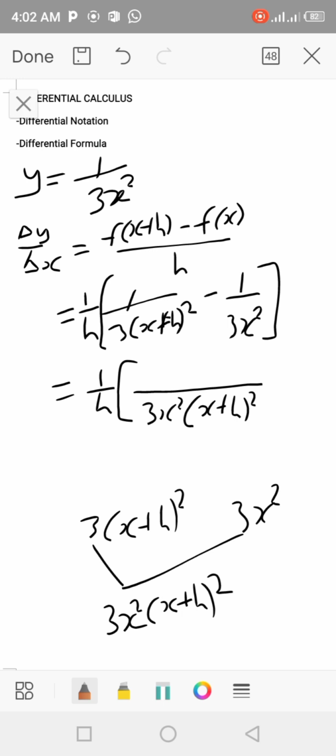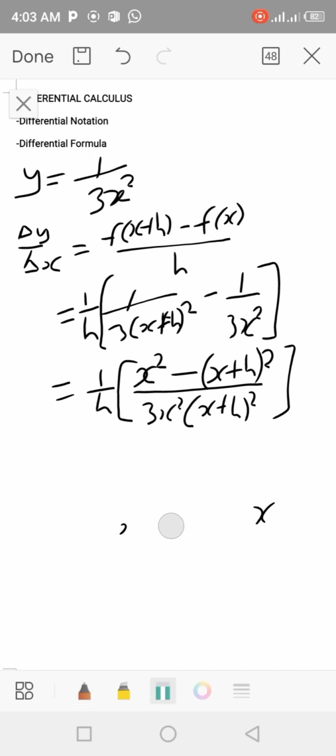Then we combine the fractions. The first denominator, cut away from the LCD, which is 3 and x plus h squared, will remain x squared, minus the second denominator, which is 3x squared, cut away from the LCM, will remain x plus h raised to power 2.